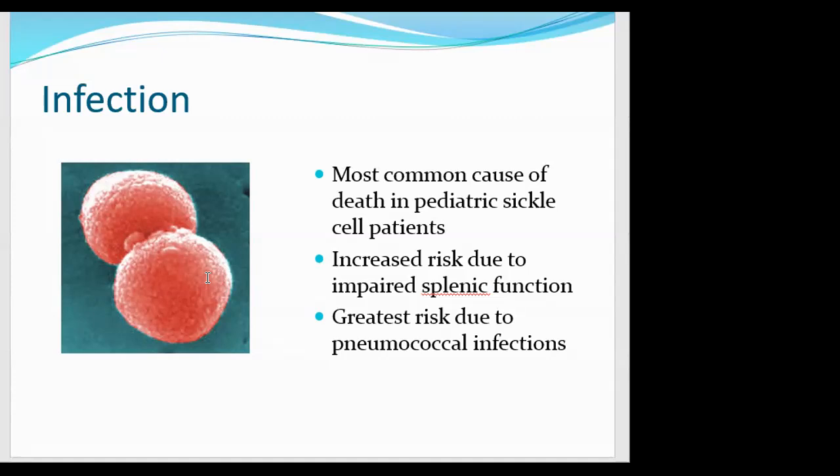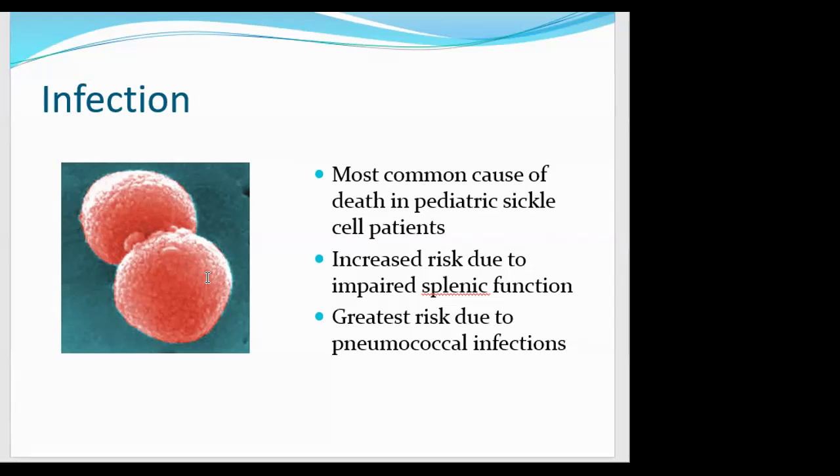So let's just quickly talk about the spleen. So the spleen acts as the filter to the body, right? But in a child with sickle cell disease, their spleen doesn't work correctly. Unknown cause. Not really sure why it doesn't work correctly, but we do know that those sickle cells get clogged up in that spleen, right?